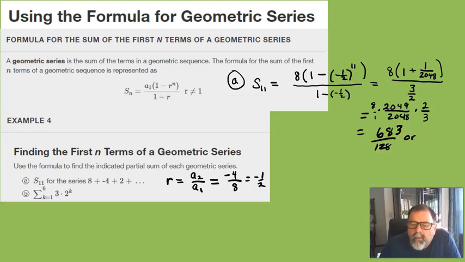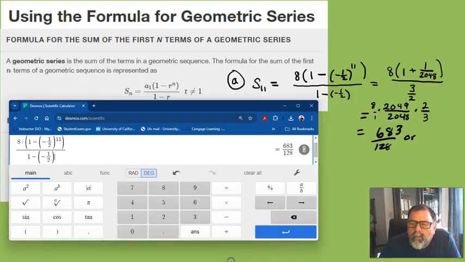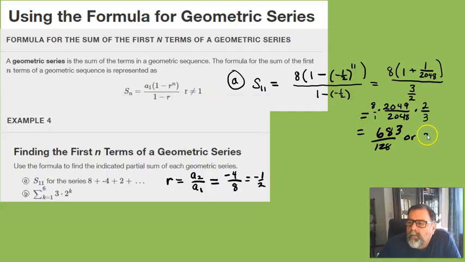Or if you want to do the decimal, well, you would have to round it, 5.33.